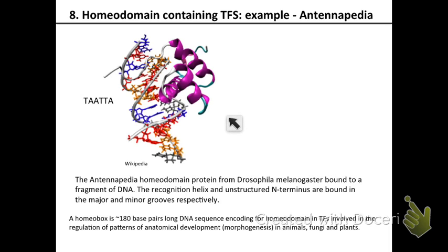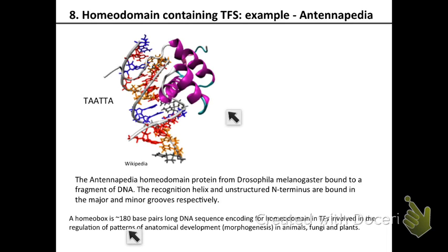The transcription factors that control the development of limbs belong to a family called the homeodomain containing transcription factors. So the homeodomain is basically a DNA binding domain that sits into the DNA major groove and recognizes somewhat this consensus sequence, TAATTA, right?